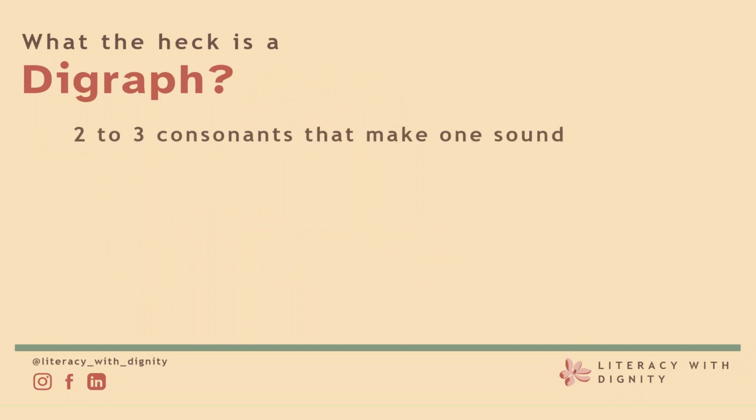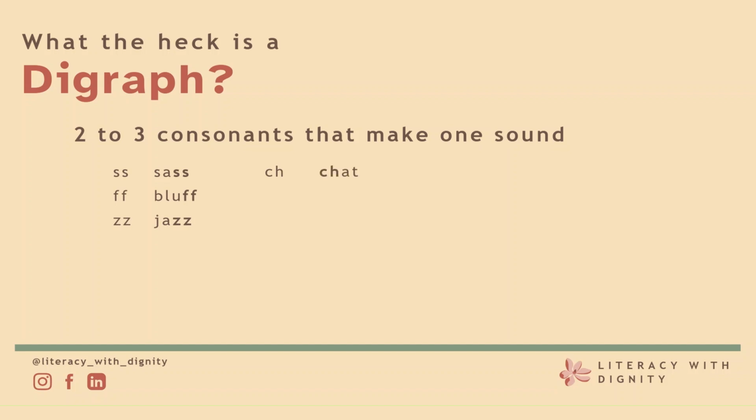What the heck is a digraph? A digraph is 2 to 3 consonants that make 1 sound. We went over this in cliff, right? The FF in cliff. Some other examples that you'll see in this unit are double S as in sass, right? I like to do this with students: we read that word. Do we say sass? No, we say sass. Double F as in bluff, double Z as in jazz, CH as in chat.